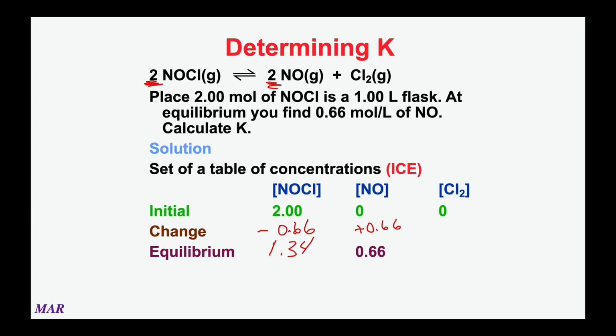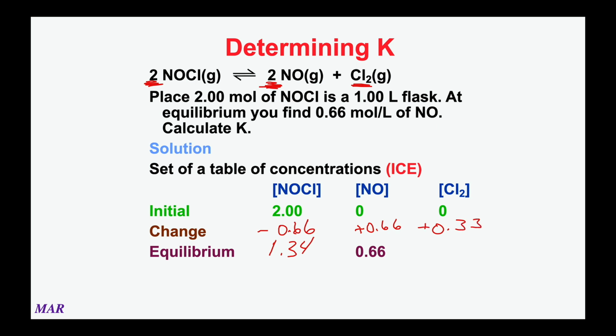But we're not done yet. Remember in Chem 221, for every 2 moles of NO that were formed, you also end up with 1 mole of Cl2. NOCl doesn't just make NO, it makes Cl2 as well. And if it made 2 amounts of NO, then Cl2 will be half that number. So if the NO increased by 0.66, then the Cl2 went up by half of that.